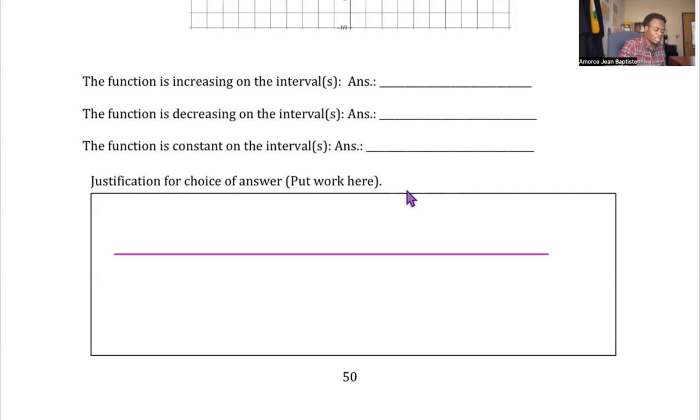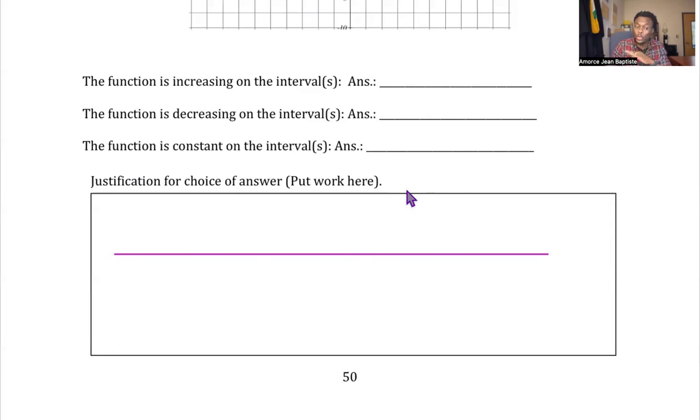So we would use this slope concept to identify parts of a graph that are increasing, decreasing, or constant.